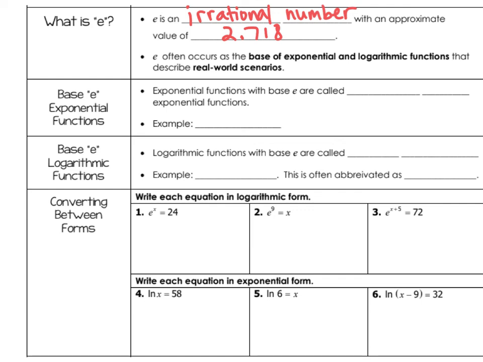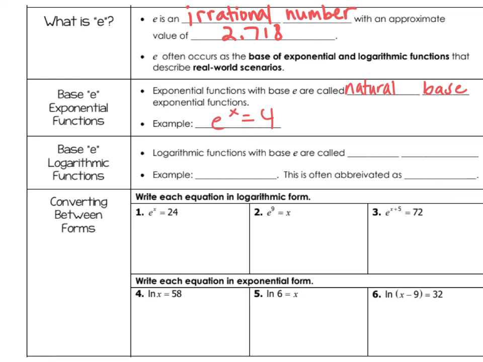And what we call these: anytime we see an exponential function with base e, we call that a natural base exponential function. Big vocab unit. So like e to the x power equals 4, that would be a natural base exponential function.